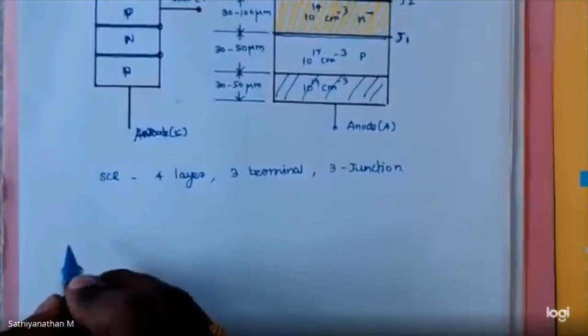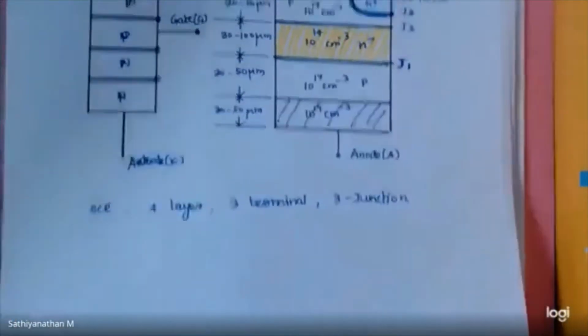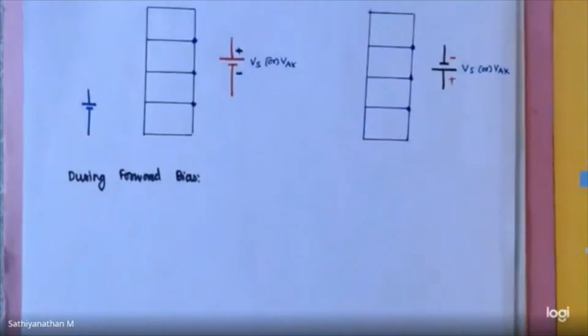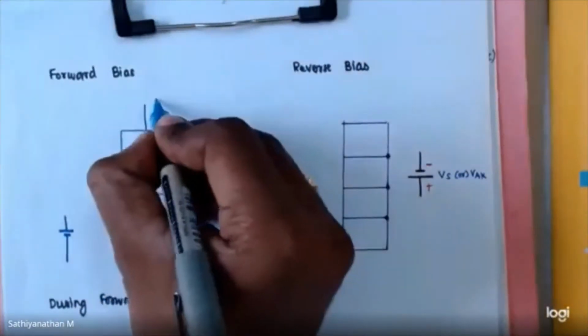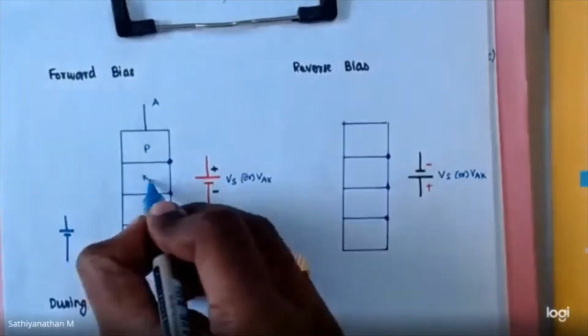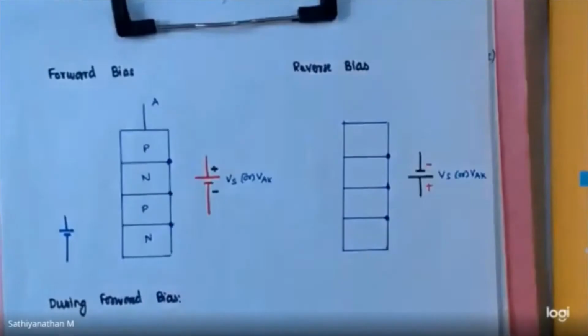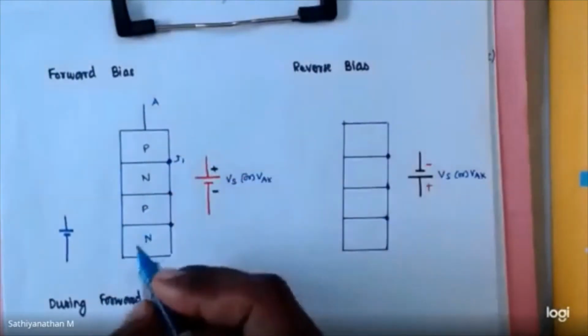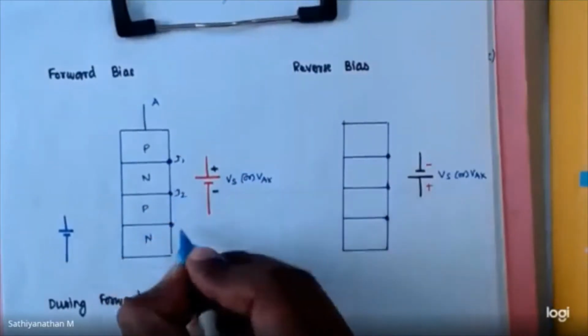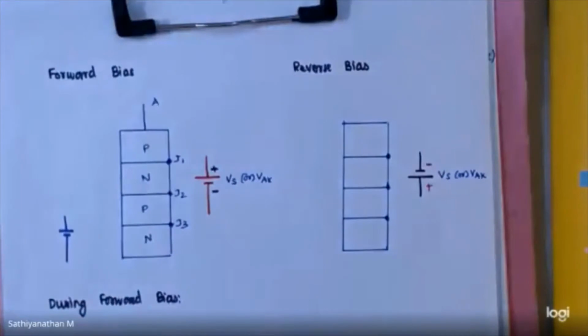And we need to look at the forward and reverse characteristics of this SCR, right? During forward bias condition, there are 4 layers, P N P N. It forms junctions J1, J2 and J3.